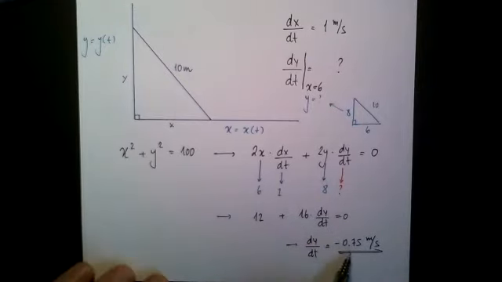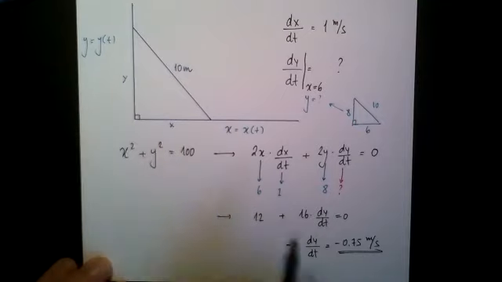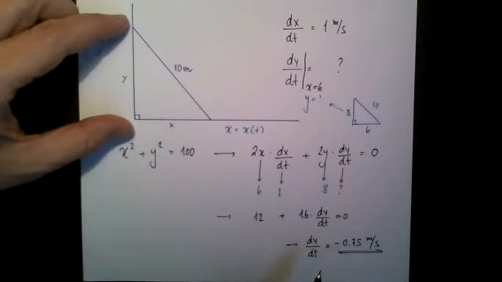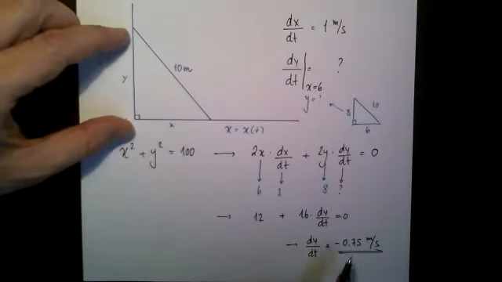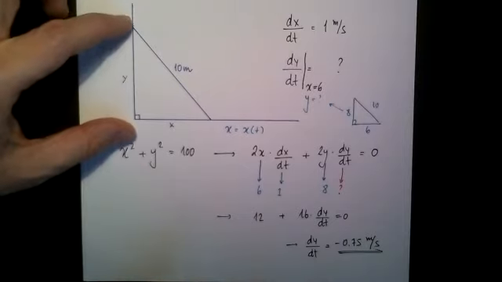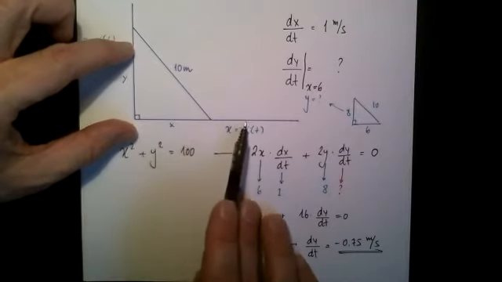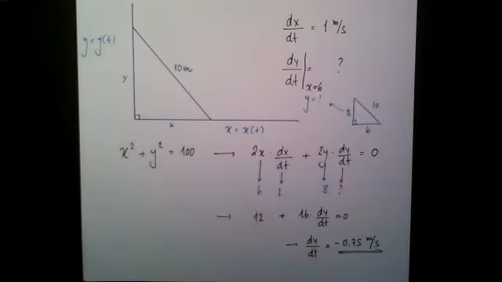This is how fast y is changing. It makes sense. It's negative, which means that every second it loses 3/4 of a meter. It's getting smaller, of course, as x is getting bigger. That's it. We solved a related rate problem from beginning to end.